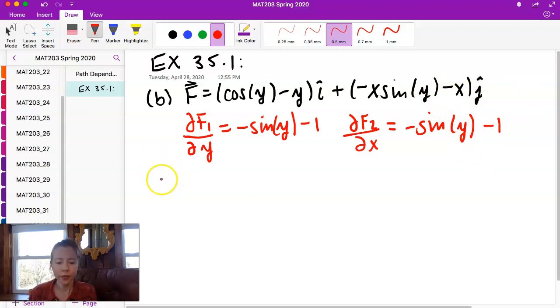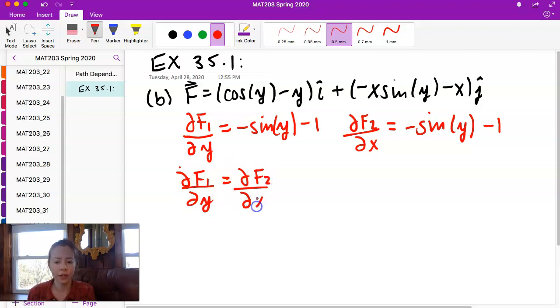So here we have del f1 over del y equal to del f2 over del x. Therefore, our field F is a gradient field.